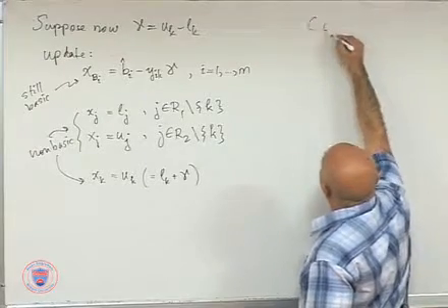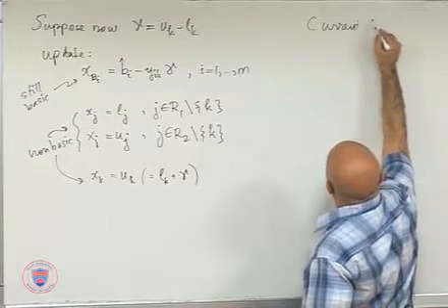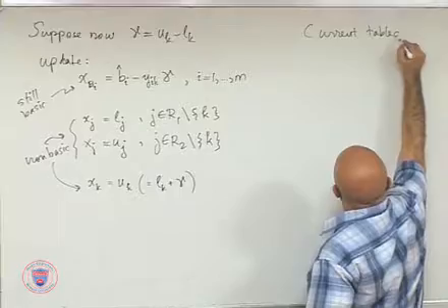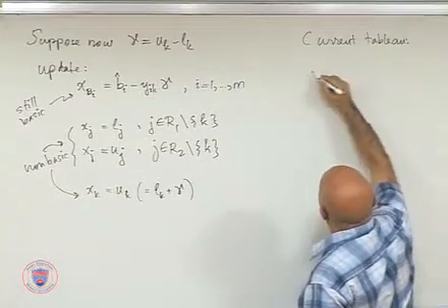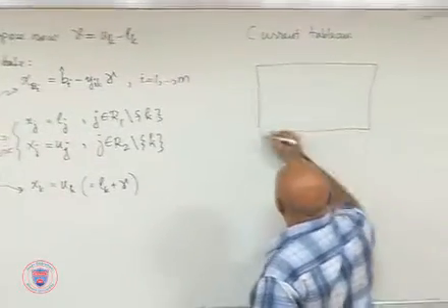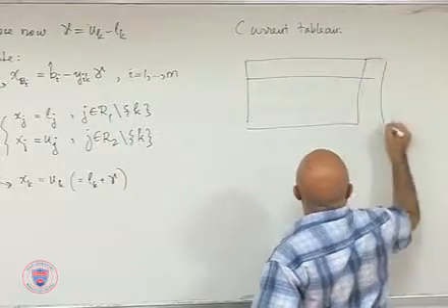How does that reflect into the tableaus? The current tableau for basis B has the following information.